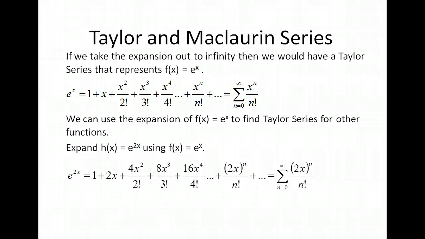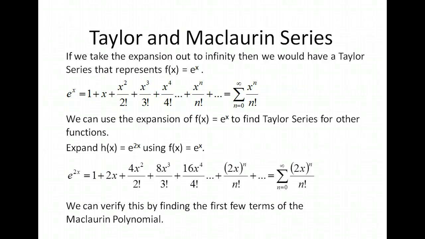So we really have 2 to the n, or 2 times x to the n over n factorial. And we're going to take the sum of those terms from 0 to infinity to get a close approximation of e to the 2x. Actually, if we go out to infinity, it will be the same graph as e to the 2x.